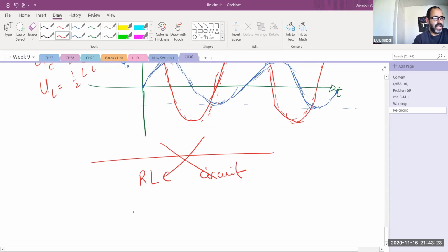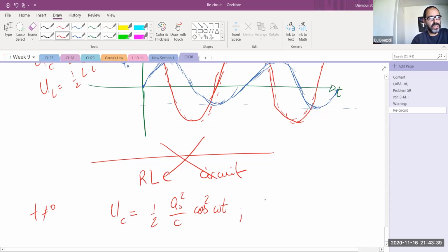So the energy in the capacitor at any time t, not t equal to 0, is going to be 1/2 of Q naught squared over C times cosine squared of omega t.